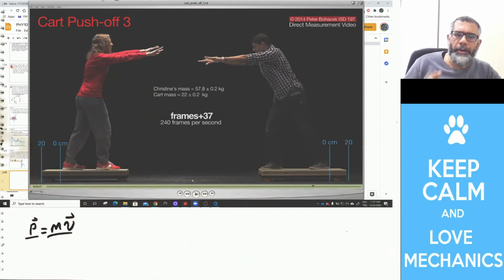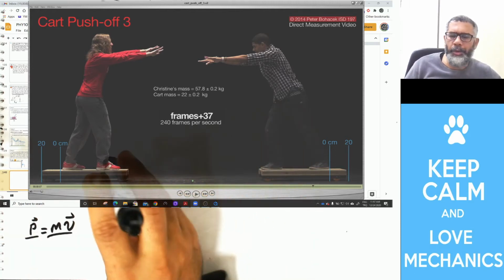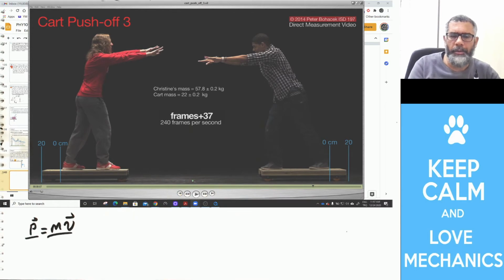So if there is no net force acting on your system, but your system objects are applying forces on each other, then whatever this interaction is, or however long it takes place, doesn't matter.